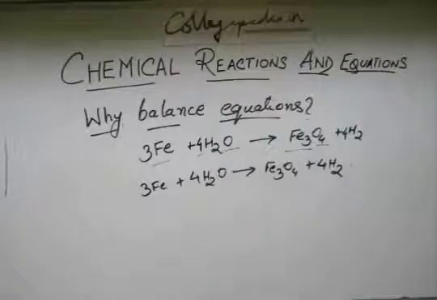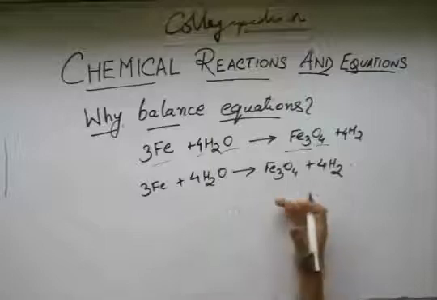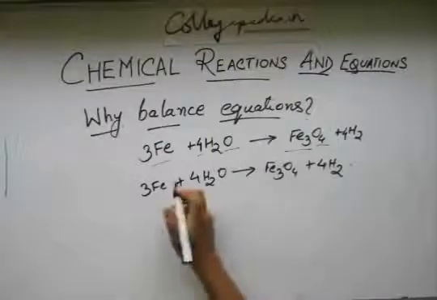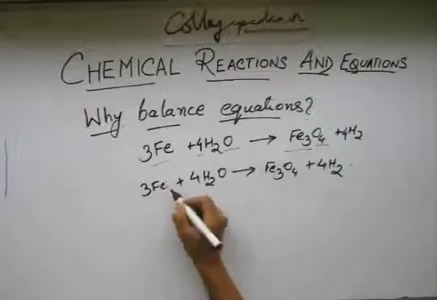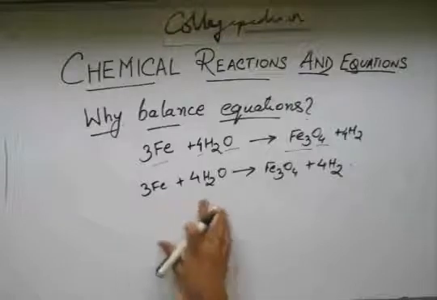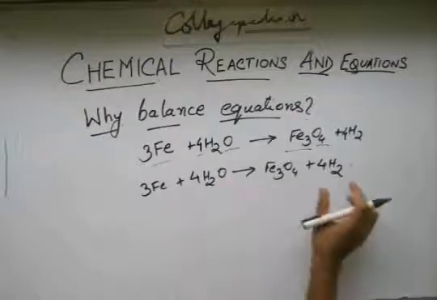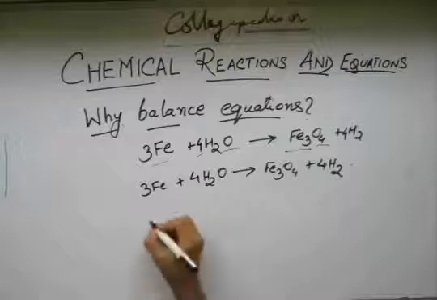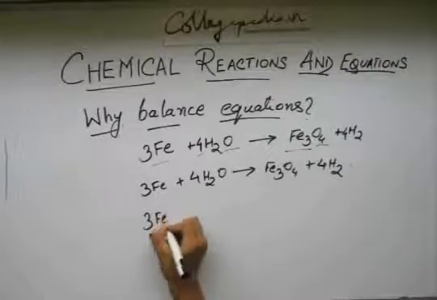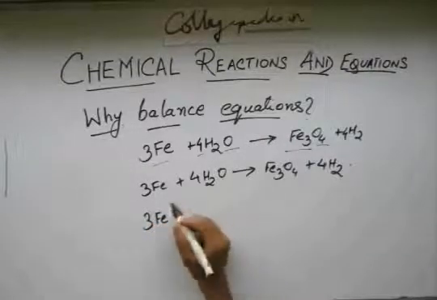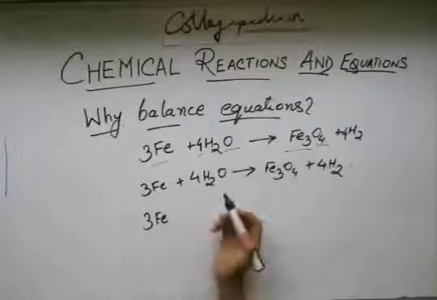And one more thing, after balancing the equation, to make it more informative, you can write down the physical state of each and every reactant and product. Like over here, it would be 3Fe. In brackets you write the state. Fe, iron is solid.